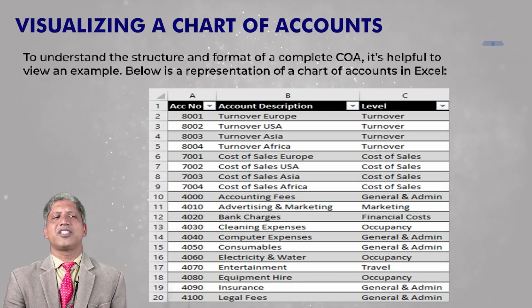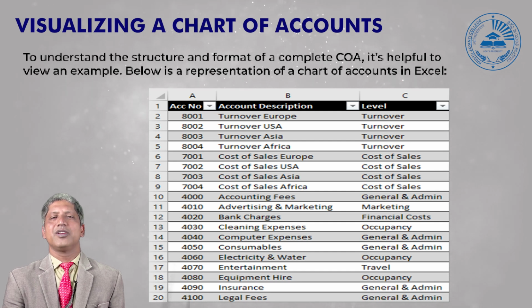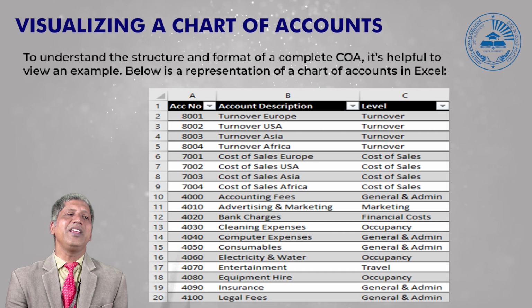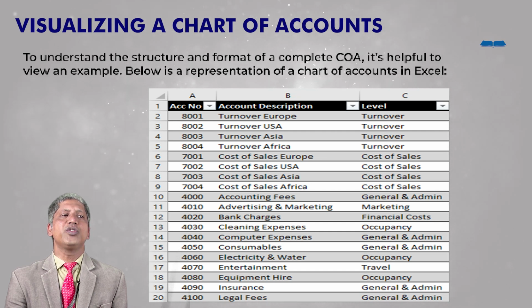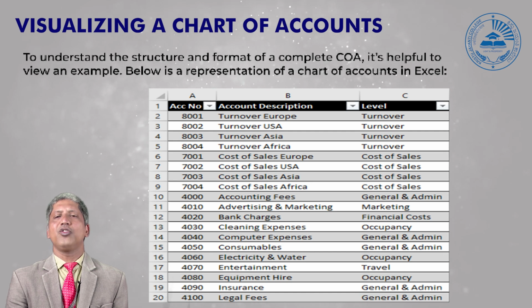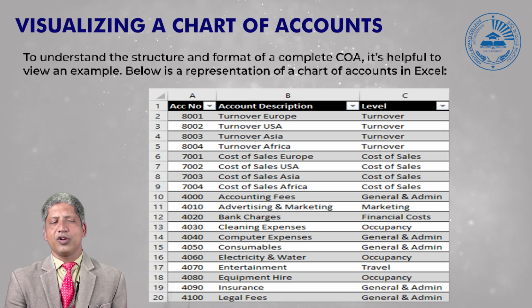To understand the structure format of a complete chart of accounts, it is helpful to go through the following example. If you see, the company has given 8001 as the turnover of Europe, 8002 as the turnover of USA, and 8003 as the turnover of Asia.